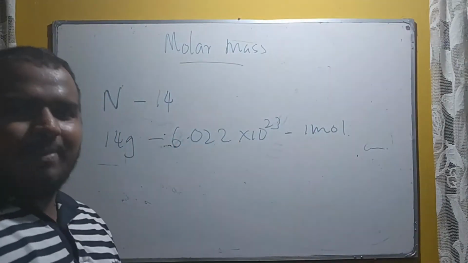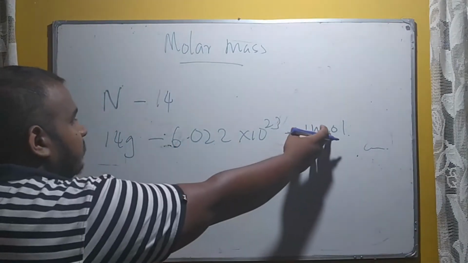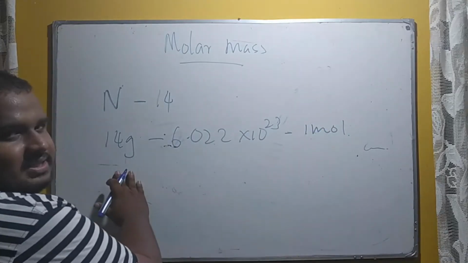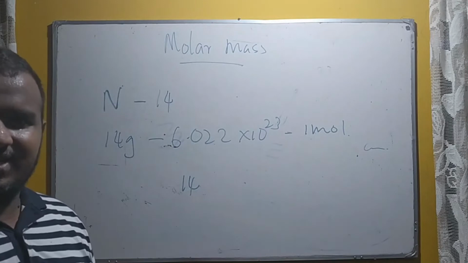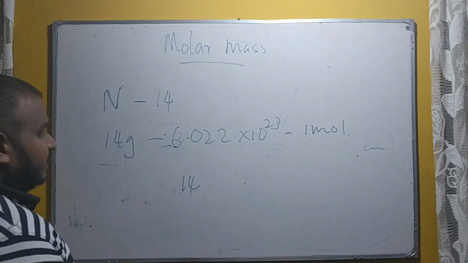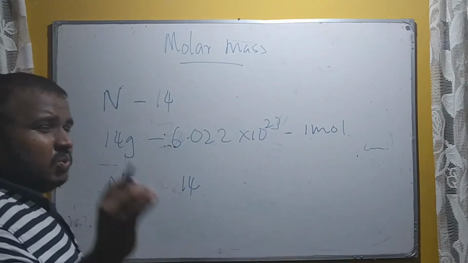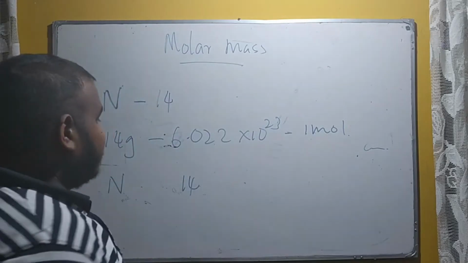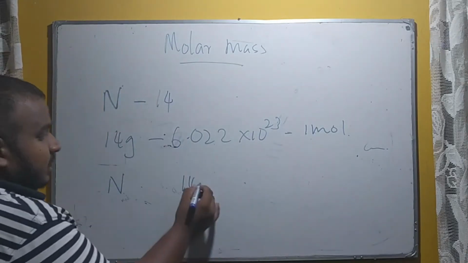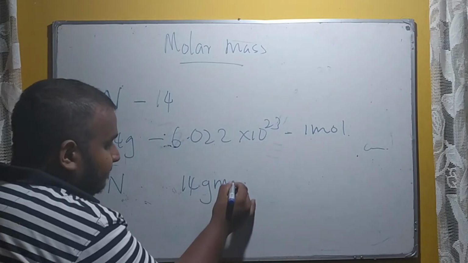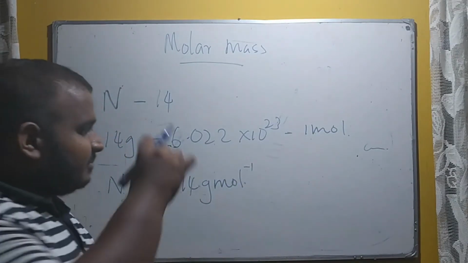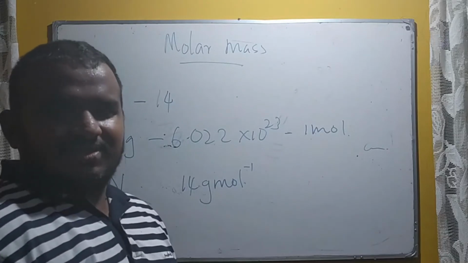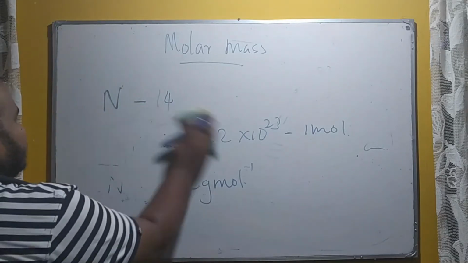Molar mass means the mass of 1 mole. What is the mass of 1 mole of nitrogen? It is 14. So if they ask you nitrogen's molar mass, 14 gram per mole. Gram mole minus 1, it must be there.